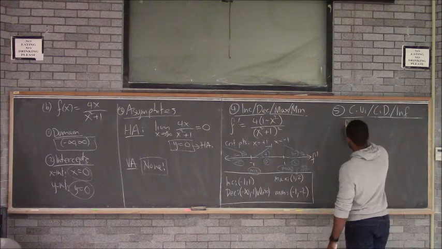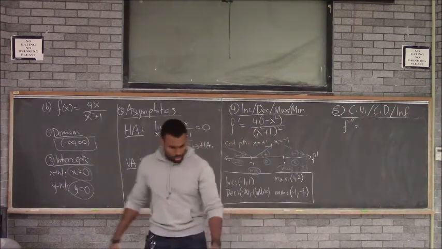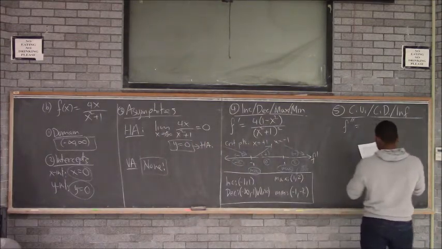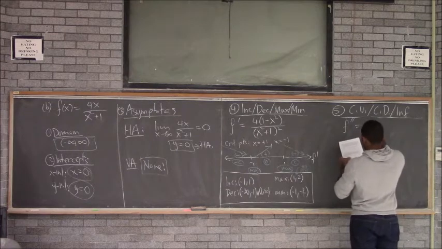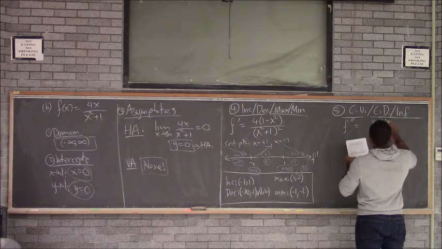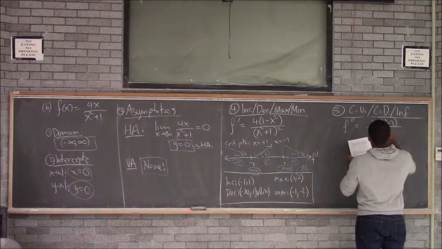For concavity, I am going to care about the second derivative. Which here is given as 8x times x squared minus 3 over x squared plus 1 cubed.